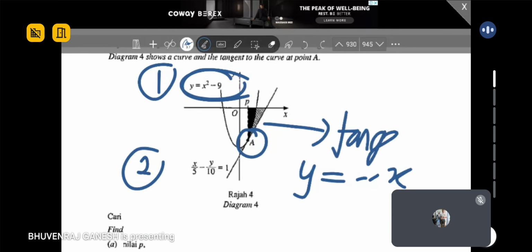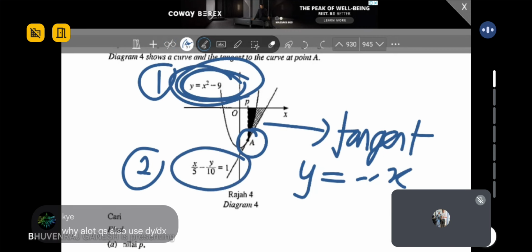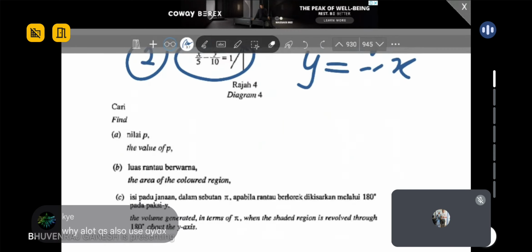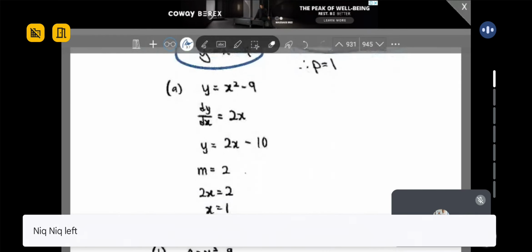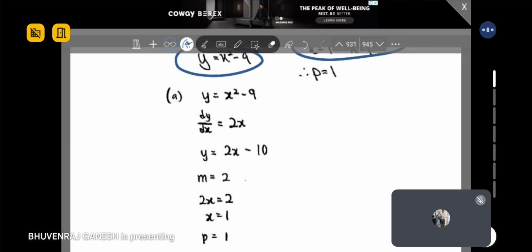So you just need to differentiate this equation. So you get 2x. 2x will equal the gradient of this line. Very useful, guys, dy dx. Dy dx ni sangat berguna sebenarnya. Can use for many types of question. So this question also can use. That's why you just equalize the two gradients. Samakan gradient tangent dan juga gradient bagi garis ni.